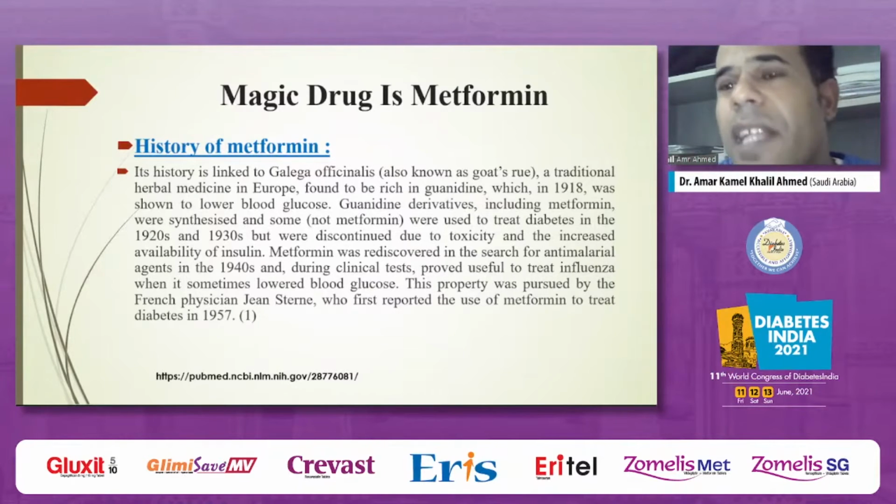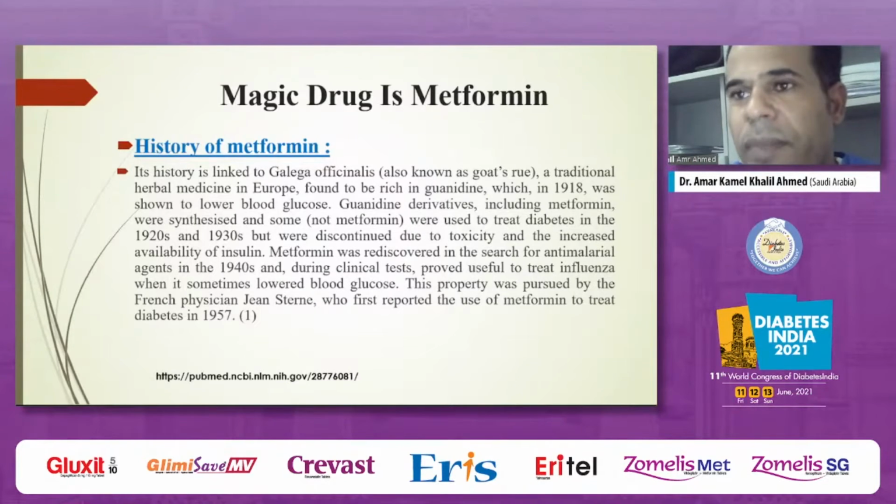The history is linked to Galega officinalis, used in traditional herbal medicine and found to be rich in guanidine, which lowers blood glucose. Metformin was used to treat diabetes, discontinued due to toxicity, and then rediscovered and used as an influenza agent in 1940.